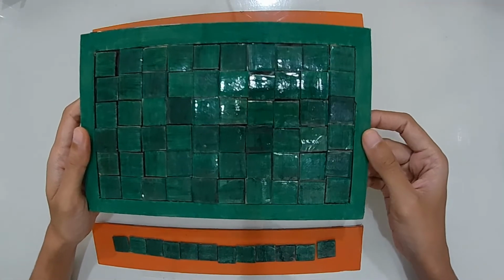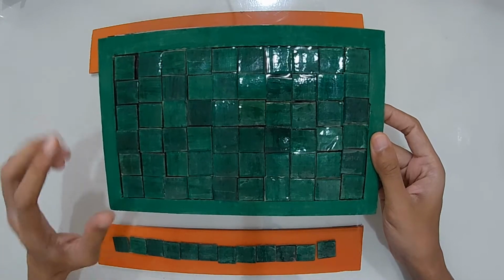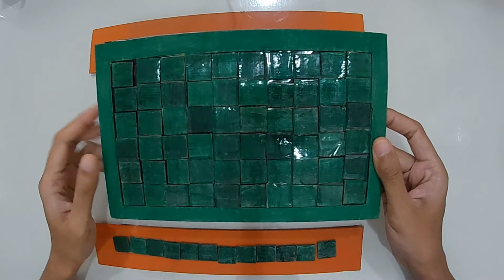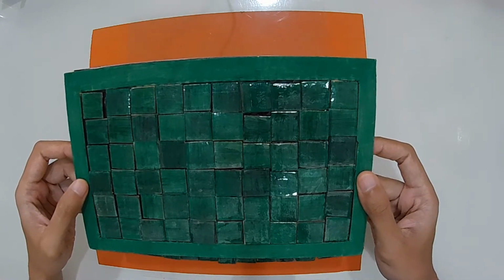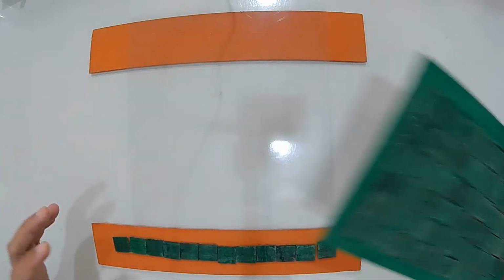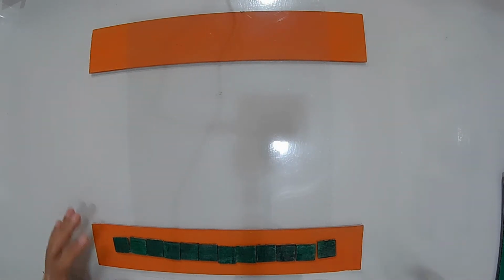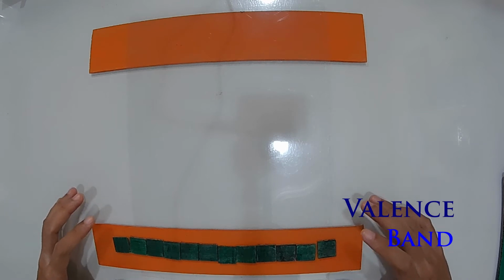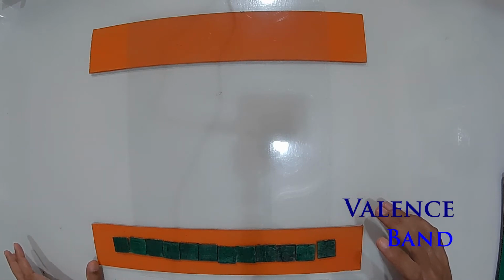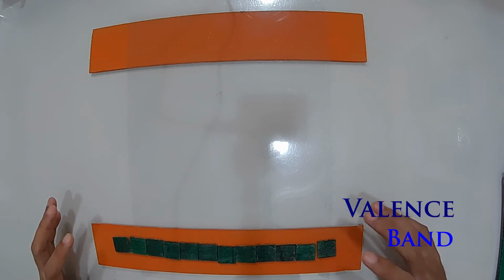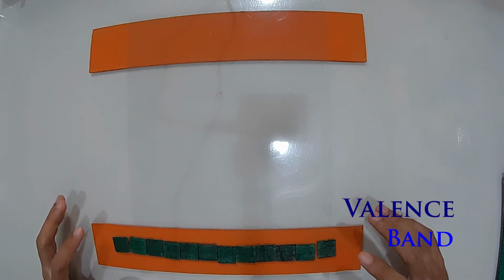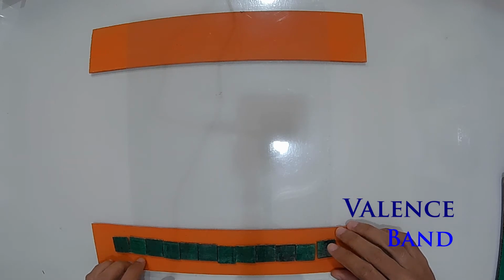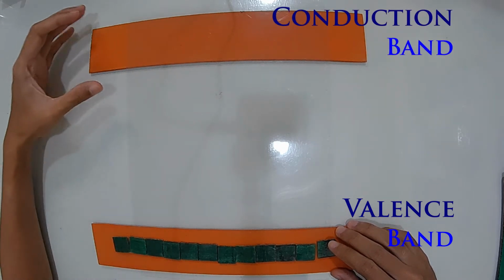So to illustrate the difference between metal or conductor, insulator and semiconductor, these bonded electrons can be represented as this line here, where this is the energy at which the electron is bonded, which we call the valence band. In order for a material to conduct, these electrons must be able to free themselves from their bonding to the conduction band here.